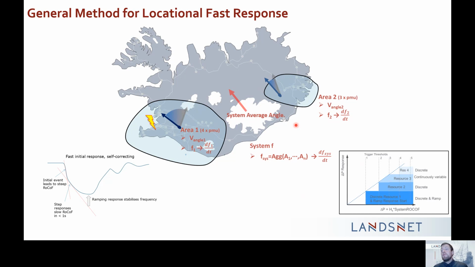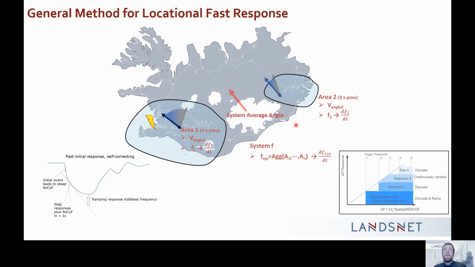On top of that, we use inertia estimates within each region. For the Icelandic system, it's a very flat profile. The day profile is very constant, so we just used a fixed number of inertia for each region.